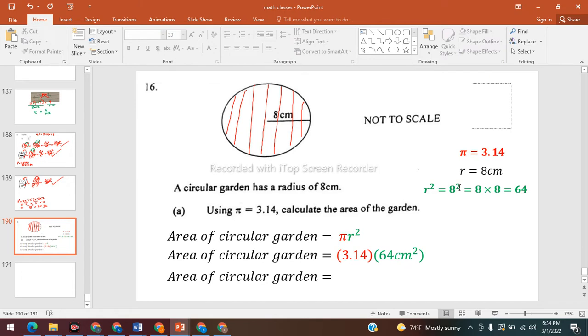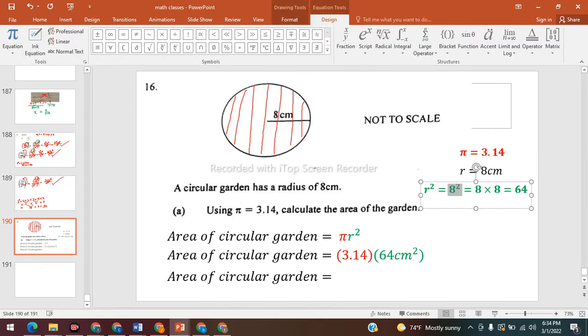So r squared, what I'm supposed to do is, my apologies, it's supposed to be open bracket 8 centimeters, all squared. So we're going to say 8 centimeters times 8 centimeters.